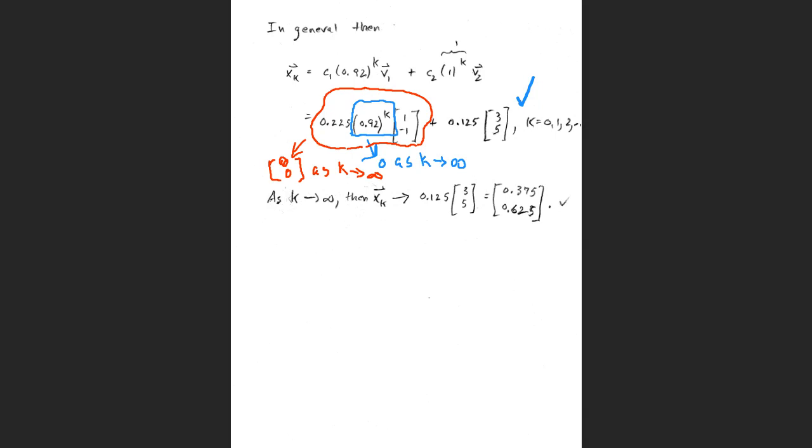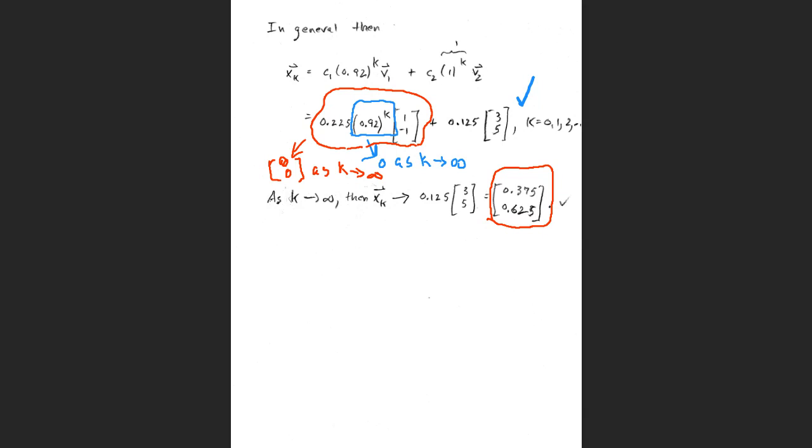Now 1 to the kth power, as k goes to infinity, that just equals 1. So as k goes to infinity, the limiting behavior of the dynamical system is 0.375, 0.625. And that's equivalent to 37.5%. Eventually, the population distribution of the cities will become about 37.5%.